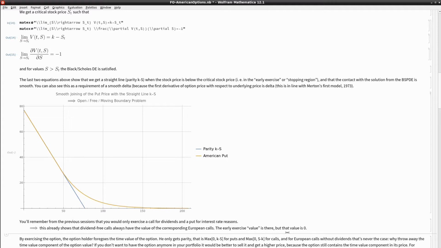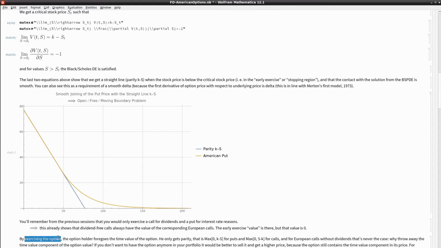So you have that right, it's undeniably there, you can early exercise, but it doesn't gain you any value. So the value of this extra right is 0, which means dividend-free calls are, well, European options. They are European calls because the early exercise value, even though it's there, has a value of 0.